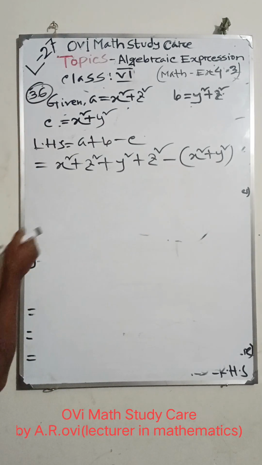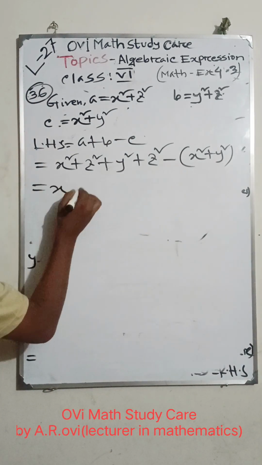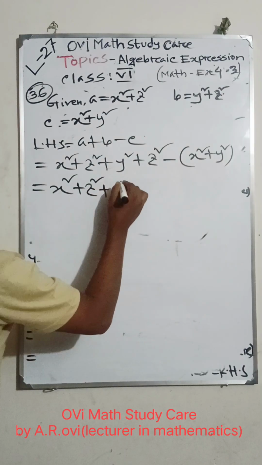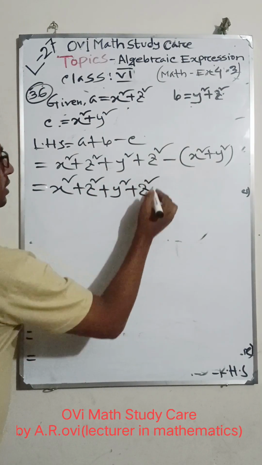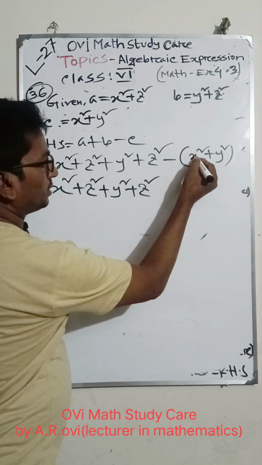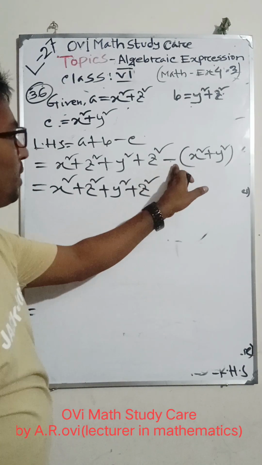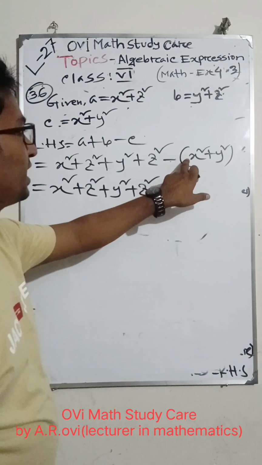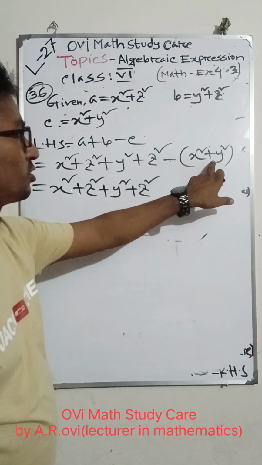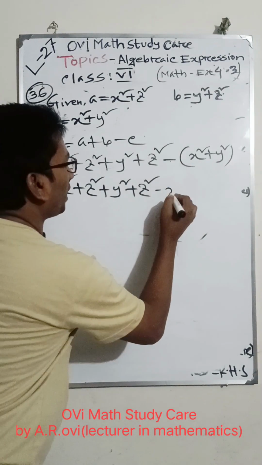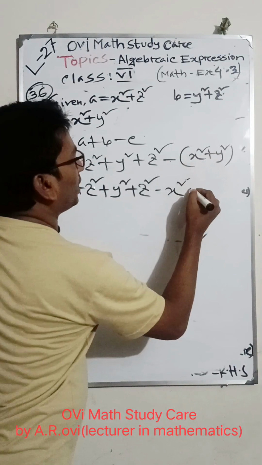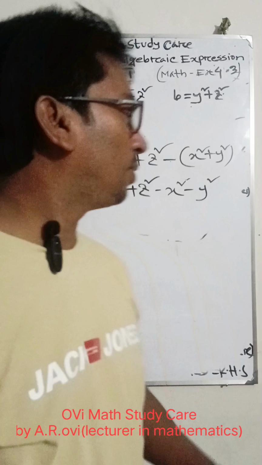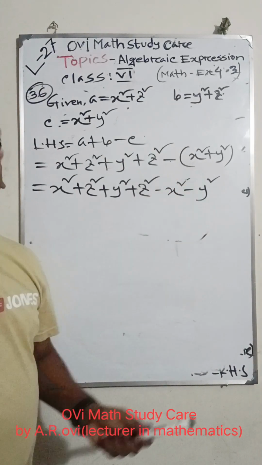So our next step, x square plus z square plus y square plus z square. Here minus, if you multiply by the minus sign, every term will have the opposite sign. So x square is plus, y square is plus, so it will be minus x square minus y square. If we multiply by minus, every term will have the opposite sign.